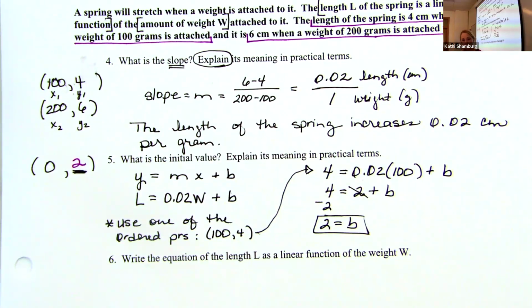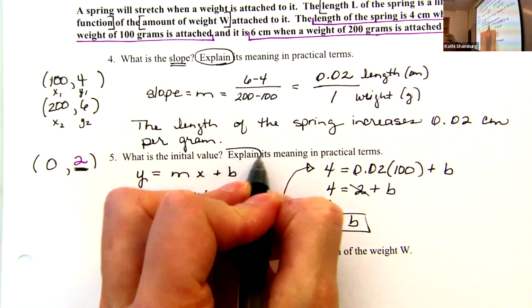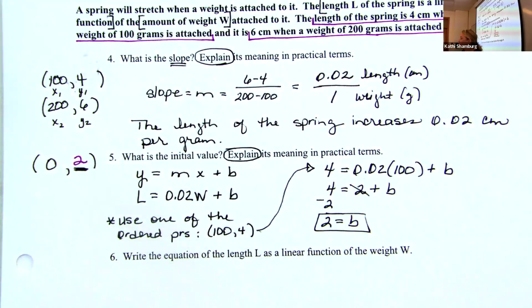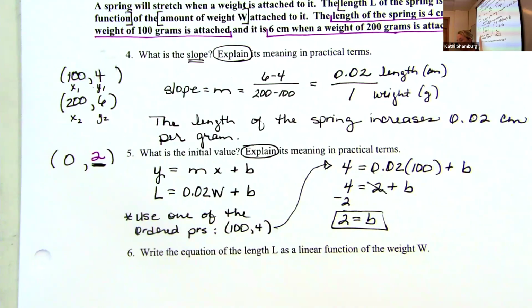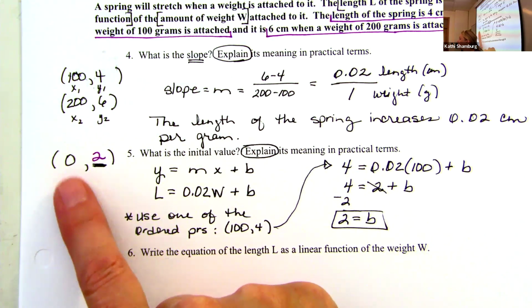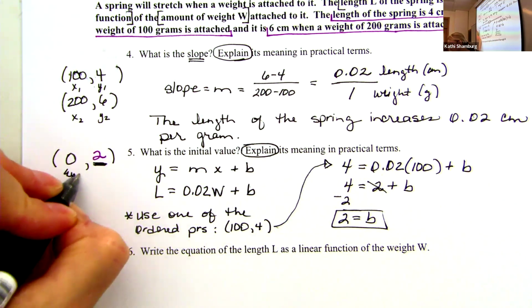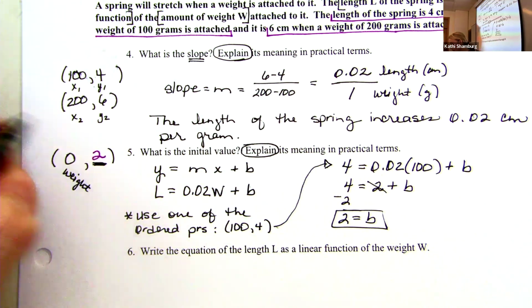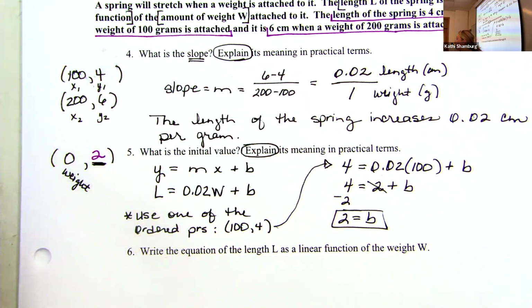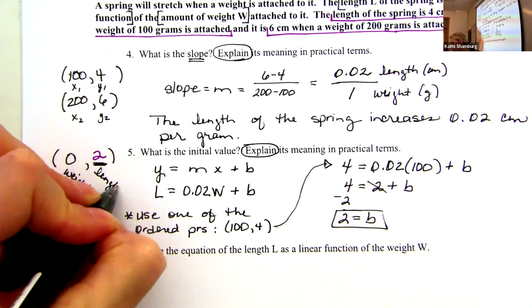Okay, so let's think through this, because then it says, hey, I want you to explain the meaning of the initial value. Okay, when what is 0? The weight. Okay, so think about this. 2 is the what? Okay, length of what? The spring.